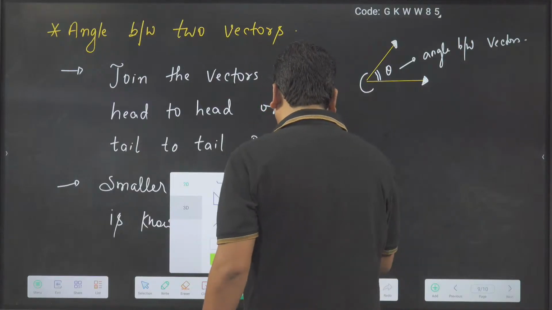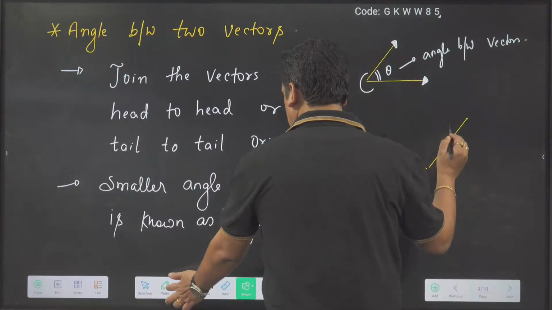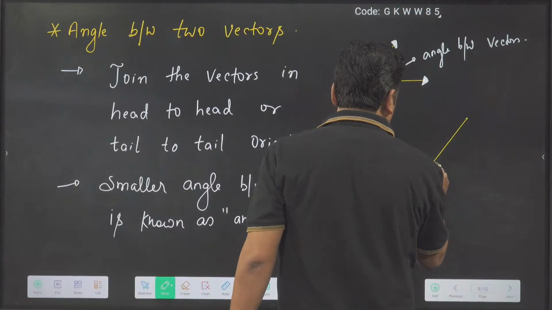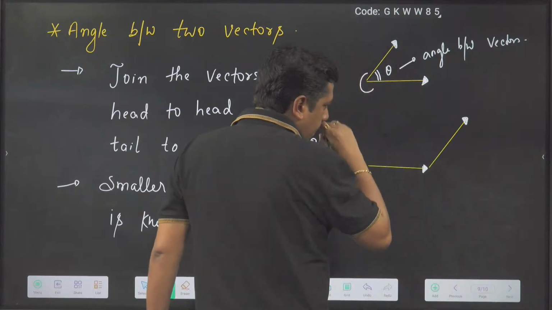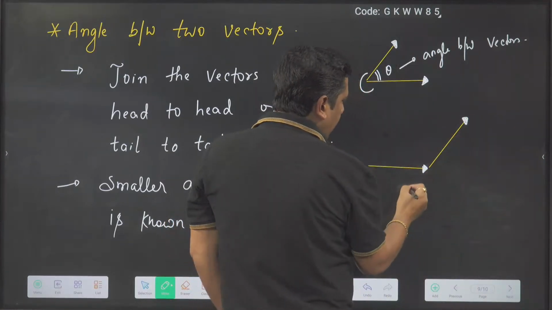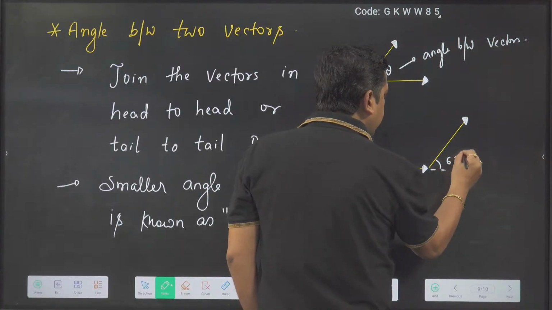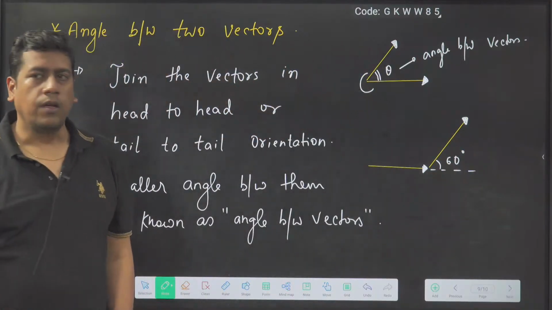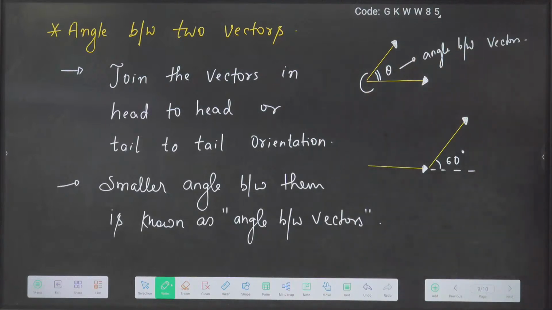Now, what if the situation is like this? Let's say if I say this is A vector, this is B vector, and this angle is given 60 degree. What is the angle between these two vectors?